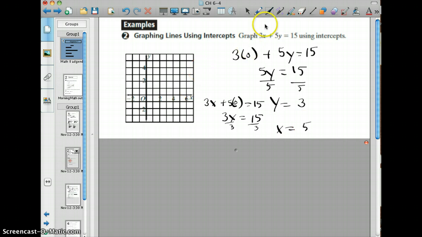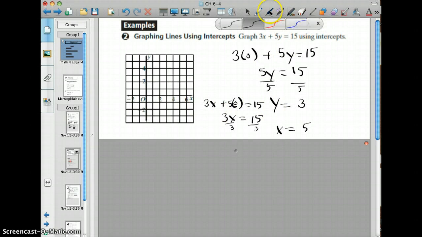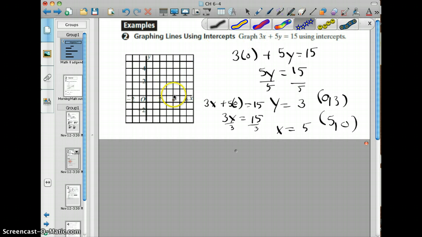So going to my graph here, I have my y-intercept. Remember, if we're looking at these as points, it's 0, 3 is my y-intercept, and then my x-intercept is 5, 0. So I'm going to plot those points. 5, 0 is going to be right here, and 0, 3 is going to be plotted there.